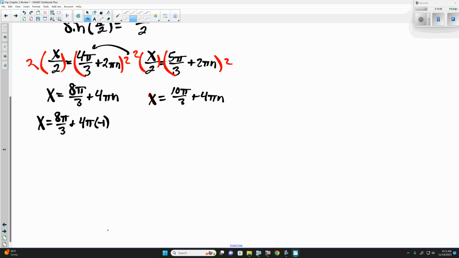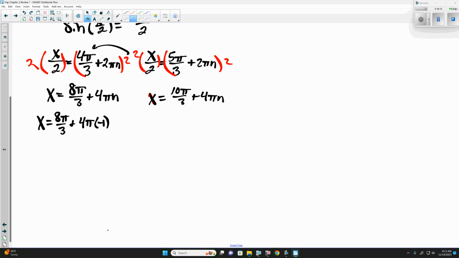So I'm feeling there's no way to actually get this between 0 and 2 pi. I'm going to borrow this. I think I just left it as is because that's an error I need to fix on 30. Yeah, I just left it as 8 pi over 3 and 10 pi over 3.